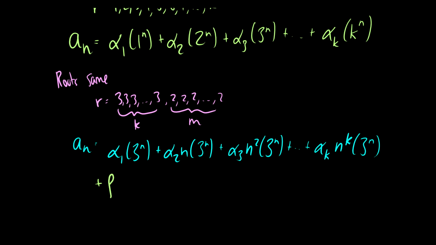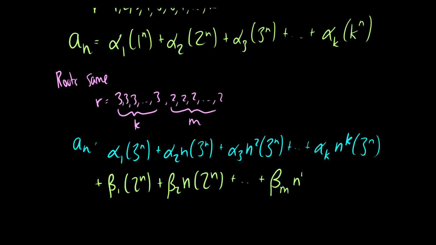So we have beta 1, 2 to the n, plus beta 2 times n, 2 to the n, and then we add all the way up to beta m times n to the m, 2 to the n.